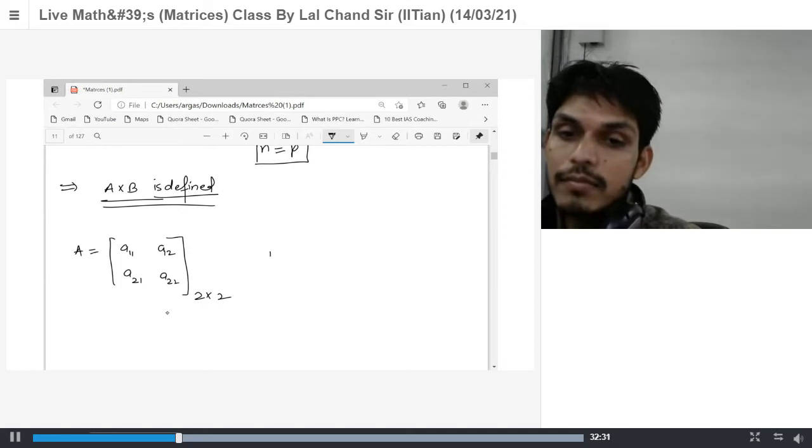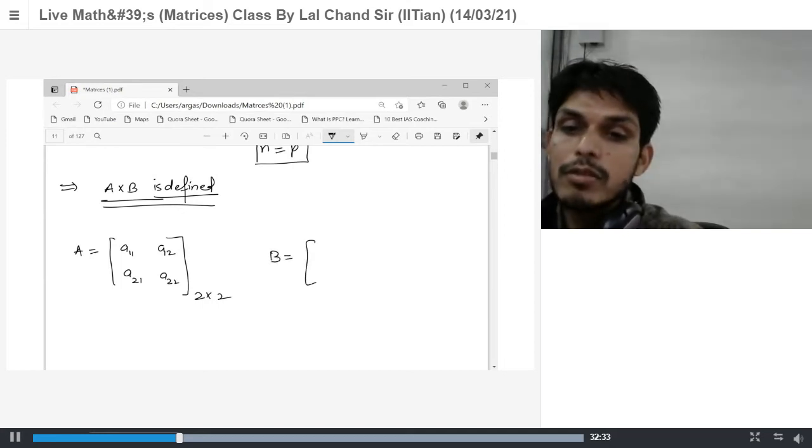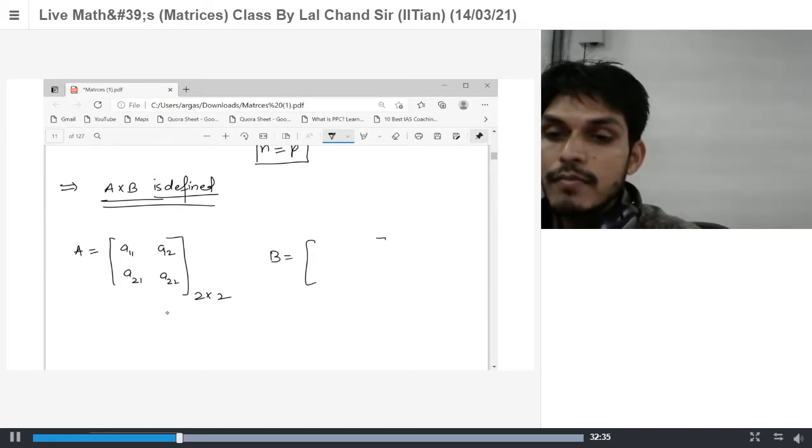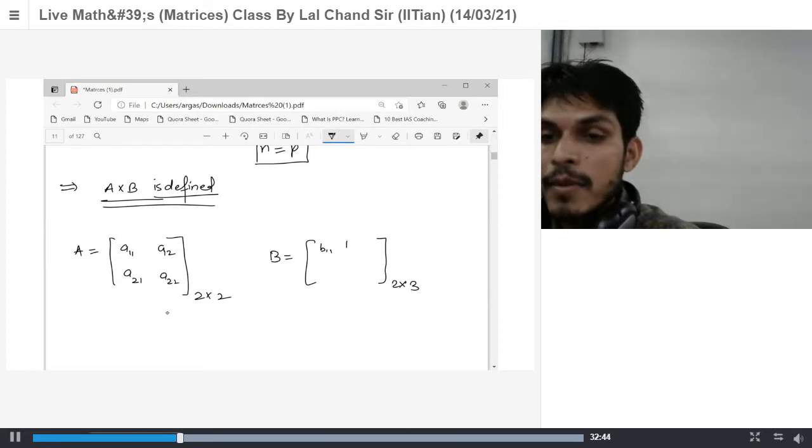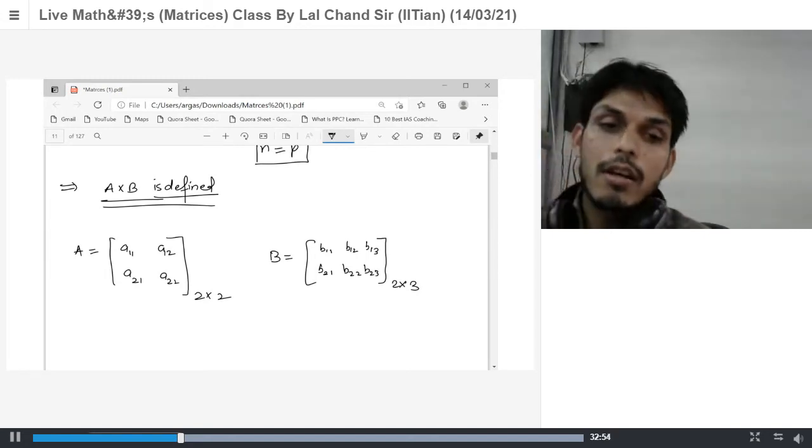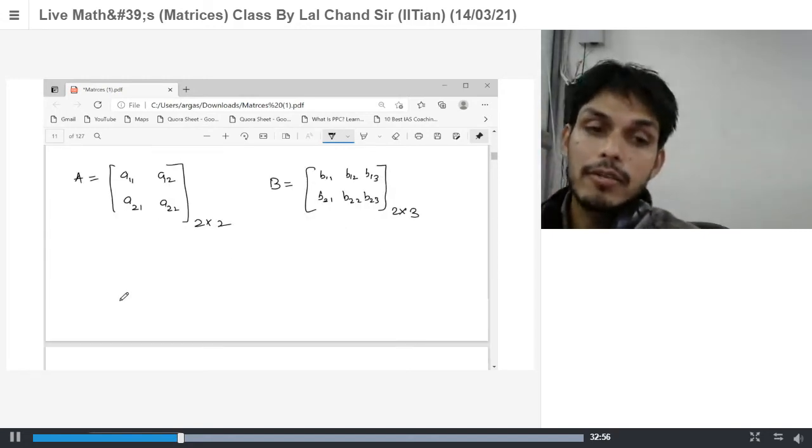So we have a B matrix, which I should write, let us suppose, as 2 cross 3. So I have B11, B12, B21, B22.